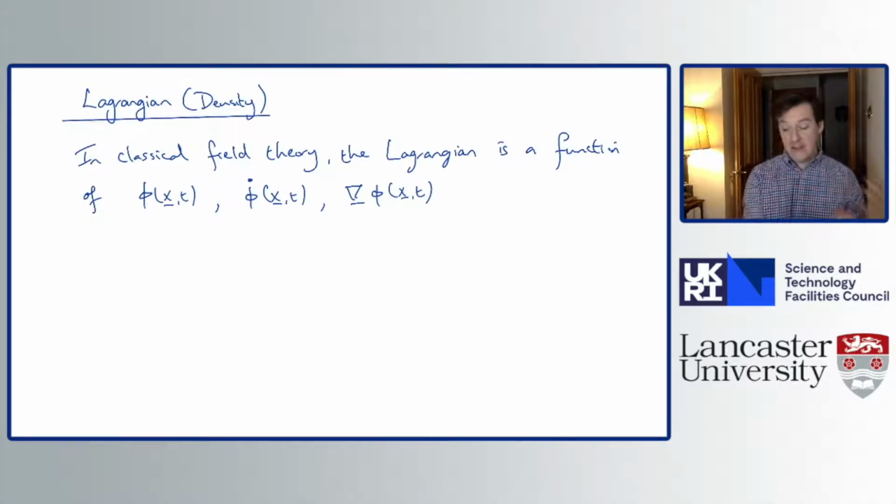And there are spinor fields, which describe all of my matter particles, all of the fermionic particles. But dealing with spinors and vectors adds extra complexity. So we're going to restrict ourselves to the simplest type of field to study, which is the real scalar field.